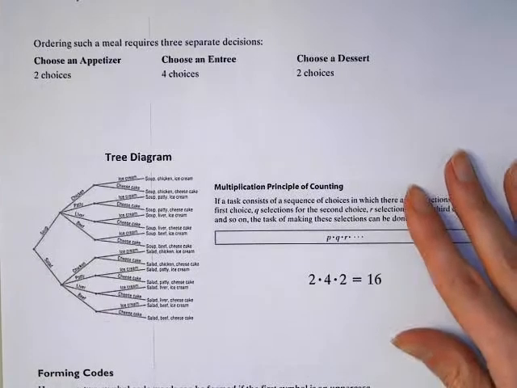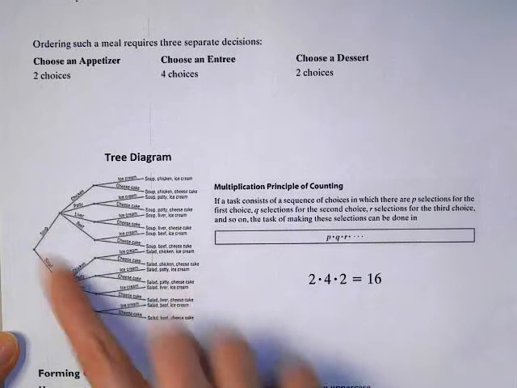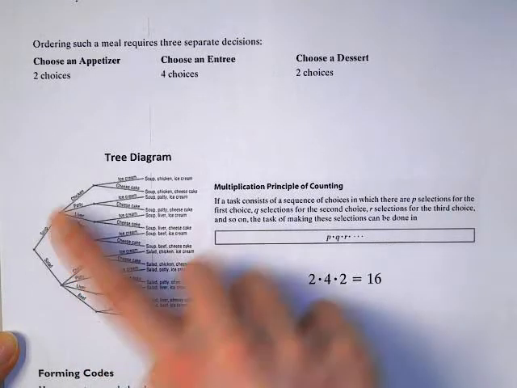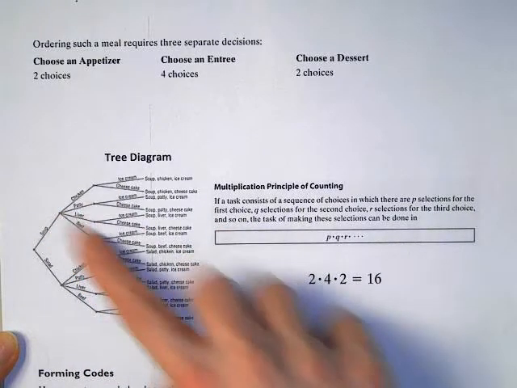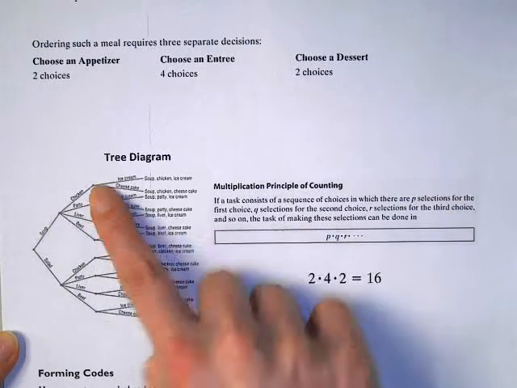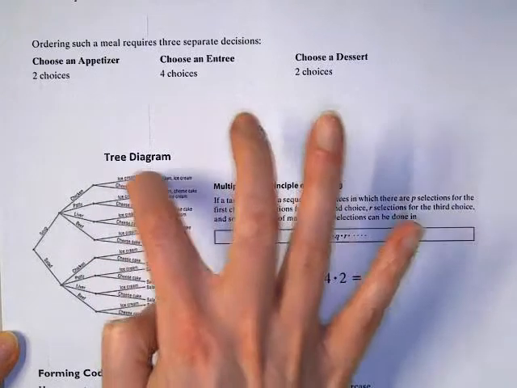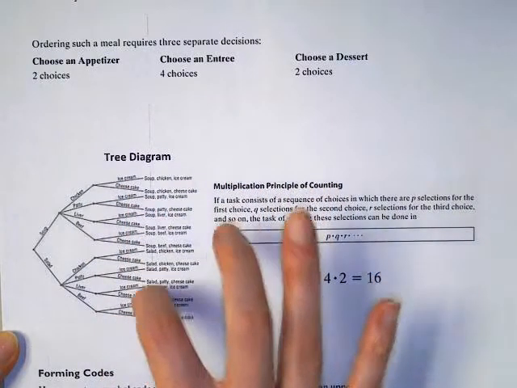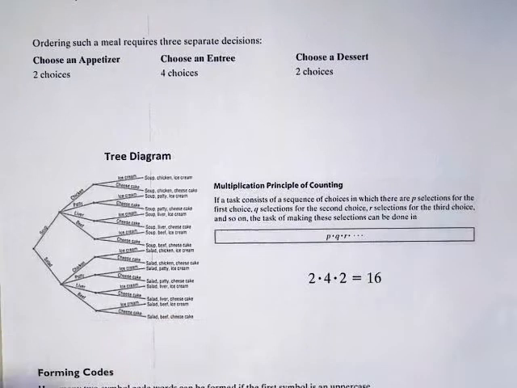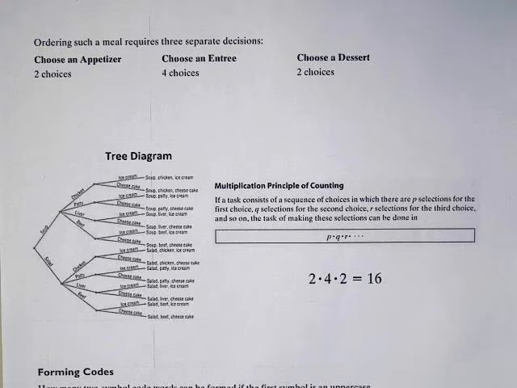Well, one way to do it is to make a tree diagram. So we'll have the appetizers, and then from each appetizer stems out the 4 entrees. And from each appetizer entree, we have stems the 2 desserts. And if you tally up all the end lines here, it ends up being 16. But a lot of people don't want to make a tree diagram every time.